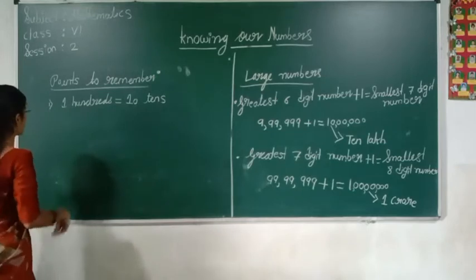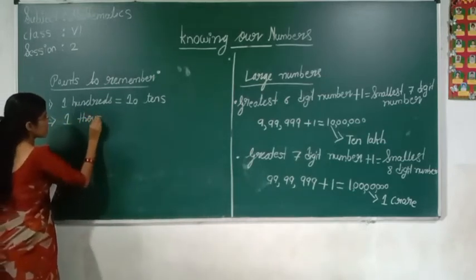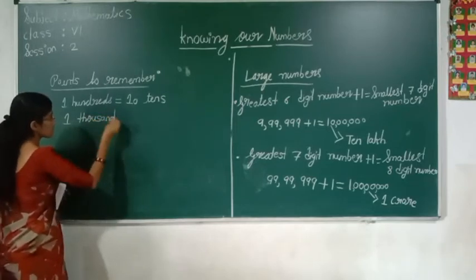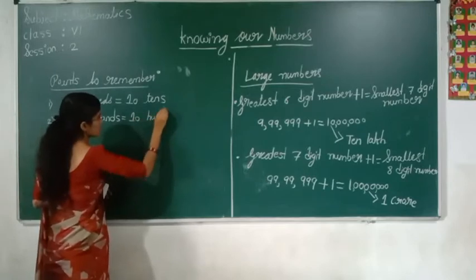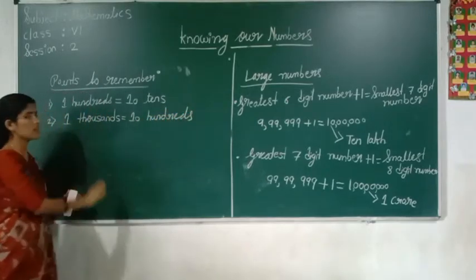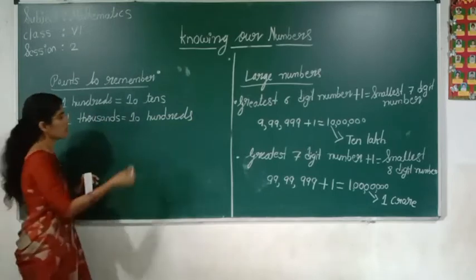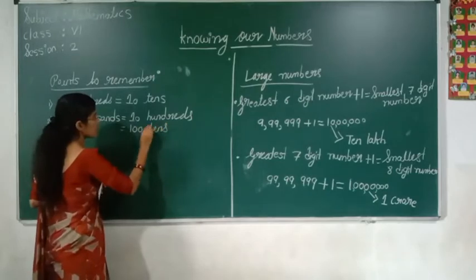Now 1000 is nothing but 10 hundreds. See, 10 into 100 is again 1000. Again this can also be written as 100 tens.